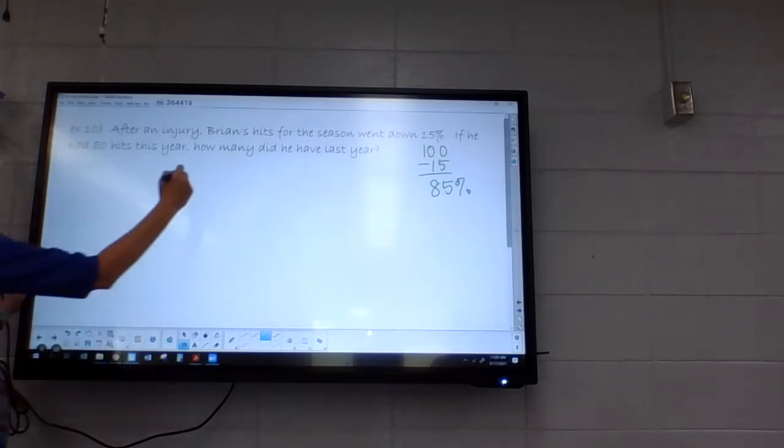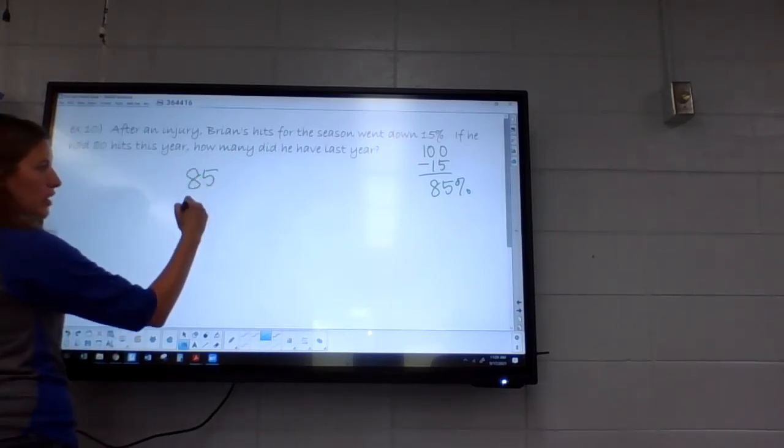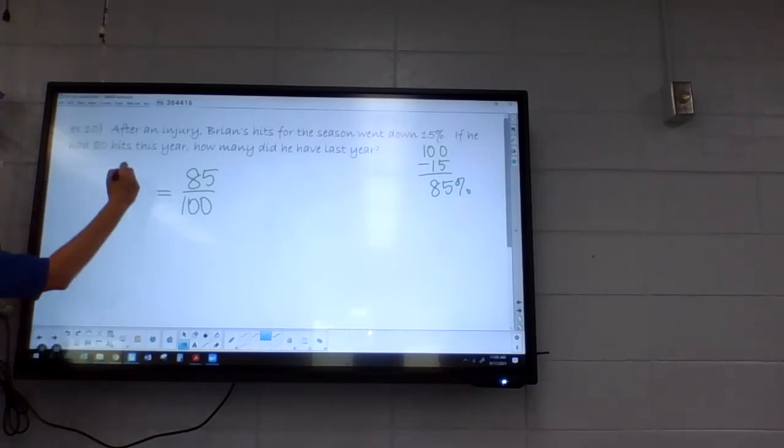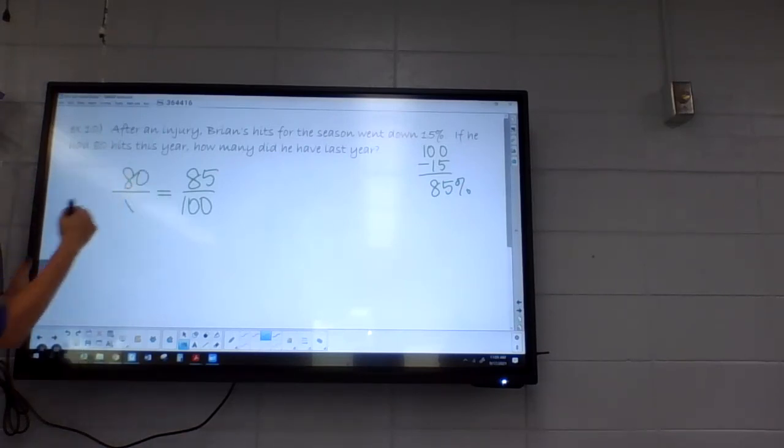Maybe this will help Clayton set this up, and maybe the rest of you guys as well. If 85 is on the top and 100 on the bottom, if he went down this year, where should the 80 go then? He went down, so 80 should be smaller than the number on the bottom. So the 80 should be on the top. He should be going down.